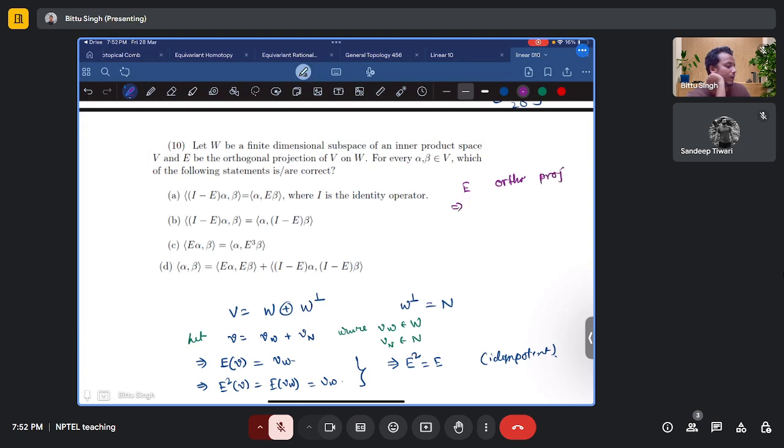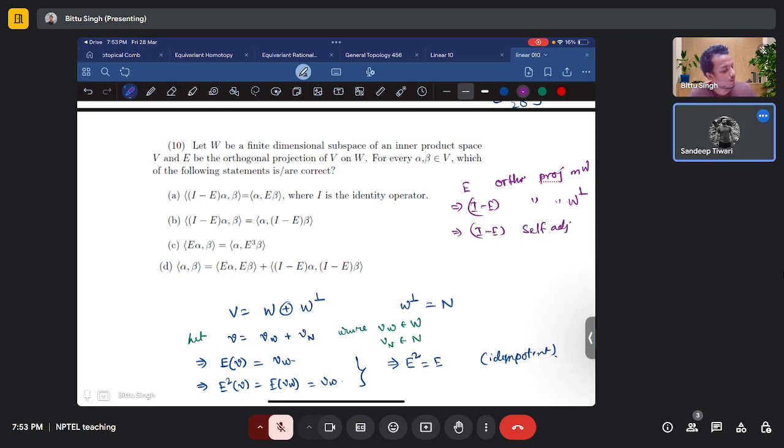This will imply I minus E is also an orthogonal projection, right? If this is the orthogonal projection on W, then this is the orthogonal projection on W perp. So this is an orthogonal projection. We know that any orthogonal projection is self-adjoint. Therefore, I minus E is self-adjoint. Option A is not correct.